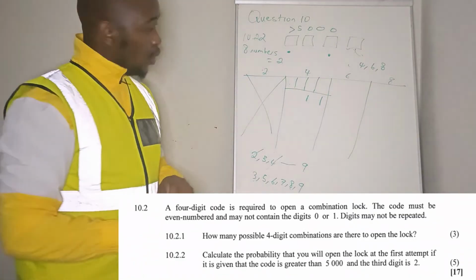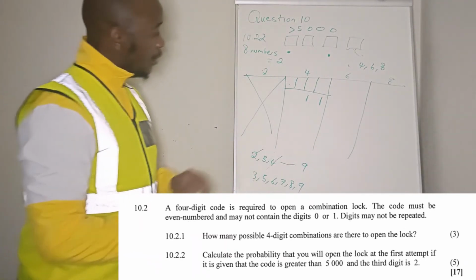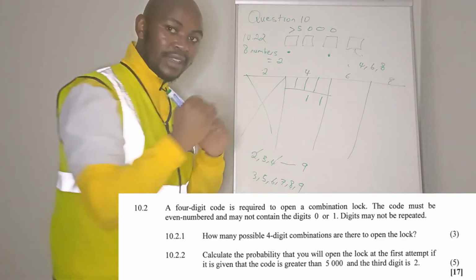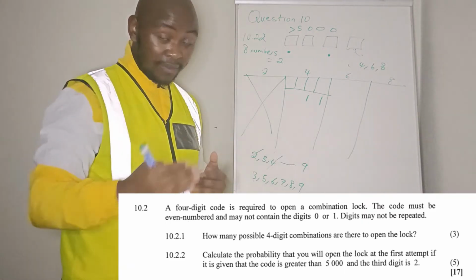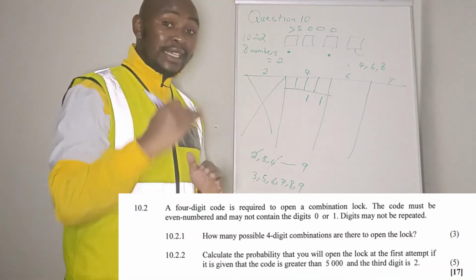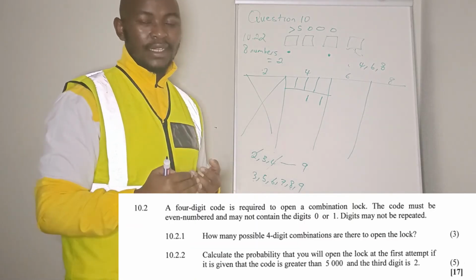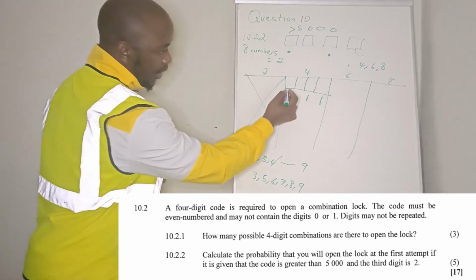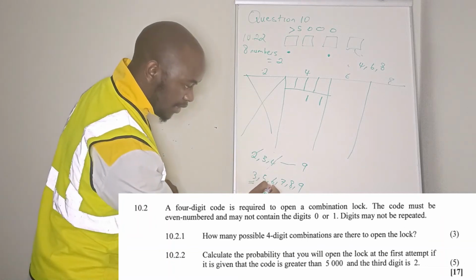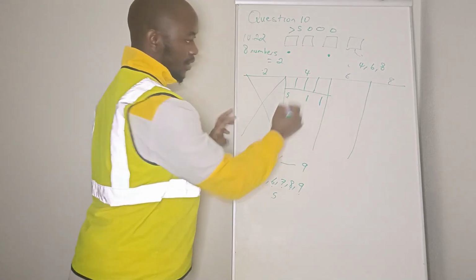So 5,001 is a number that is greater than 5,000, and what is important to note is that it starts with a 5. It can't be a 4 or 3, because that will make it less than 5,000. So already here we cannot select 3. We have 5, 6, 7, 8, and 9, so we have 5 options in here.